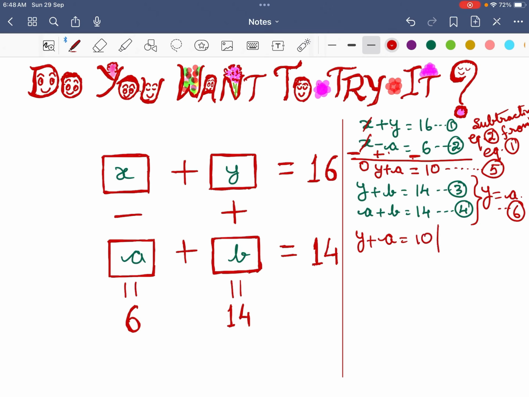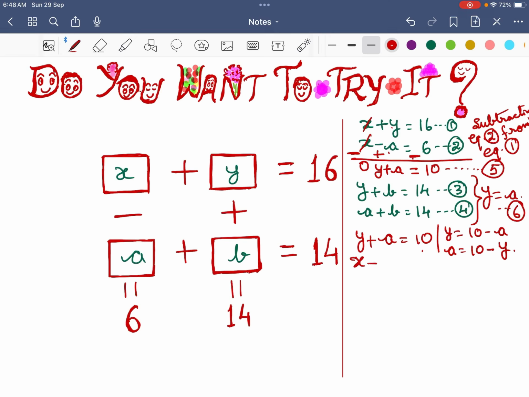If I consider y is equal to 10 minus a, and a is equal to 10 minus y, and y is equal to a, and you are getting 10 here.